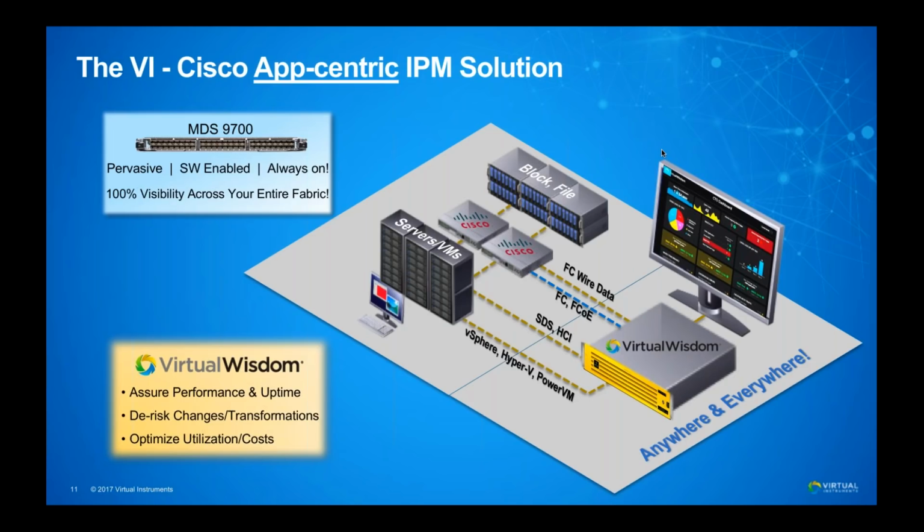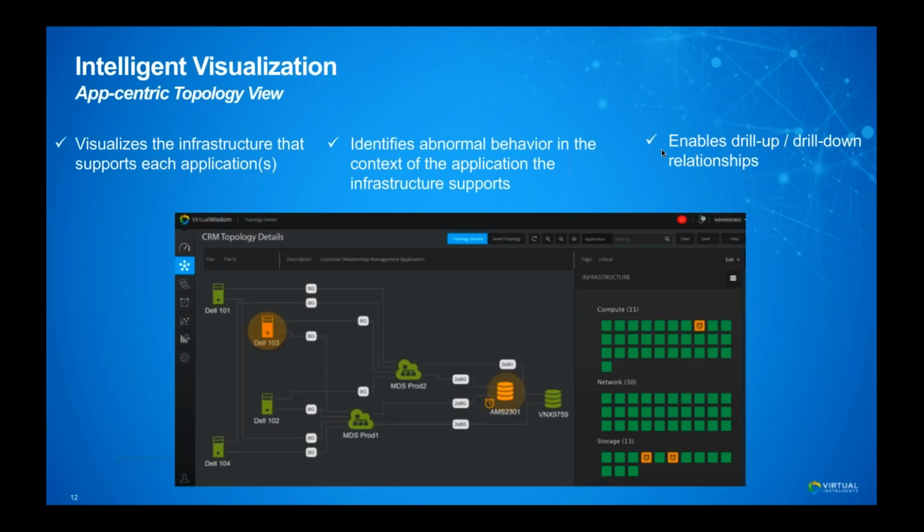We also support software-defined storage like vSAN and ScaleIO, so that you can get one view into your mission-critical infrastructure, enabled by those various ecosystem providers, collected, correlated, and analyzed by Virtual Wisdom. This really is an exciting combination, because now it's an entirely software-based solution, software-enabled on the MDS line of switching. We take that data and correlate it into an application-centric view.